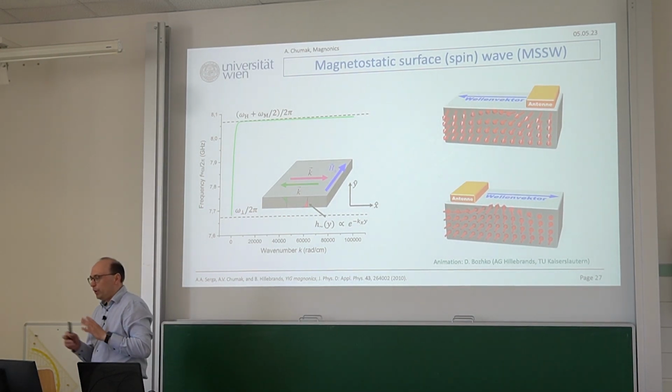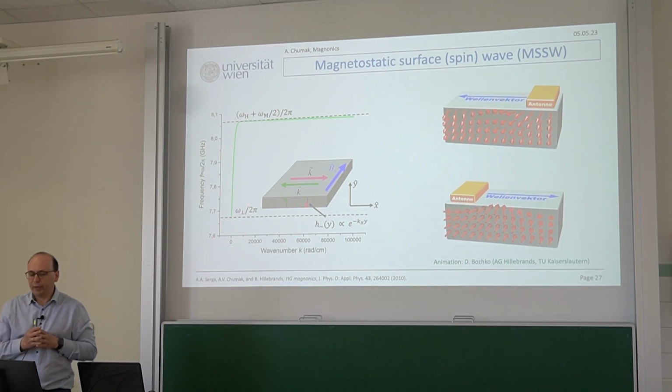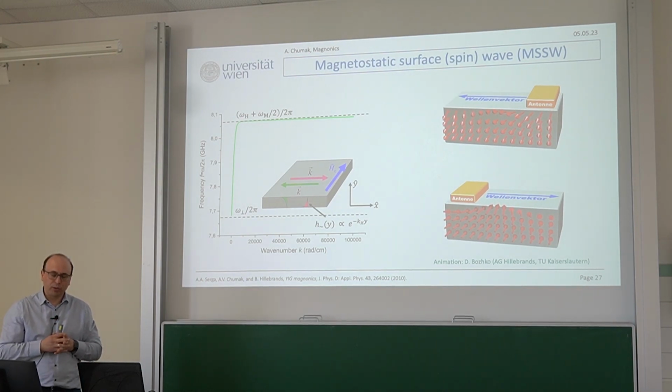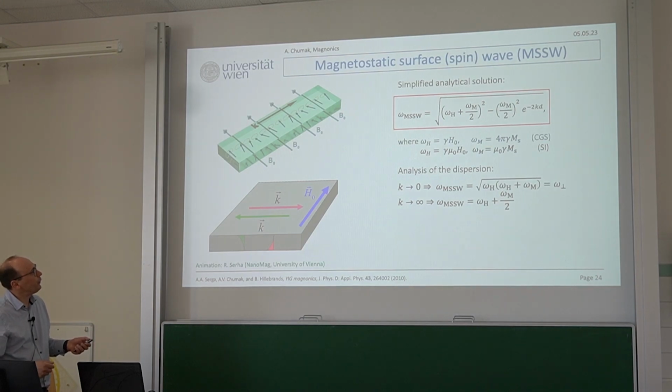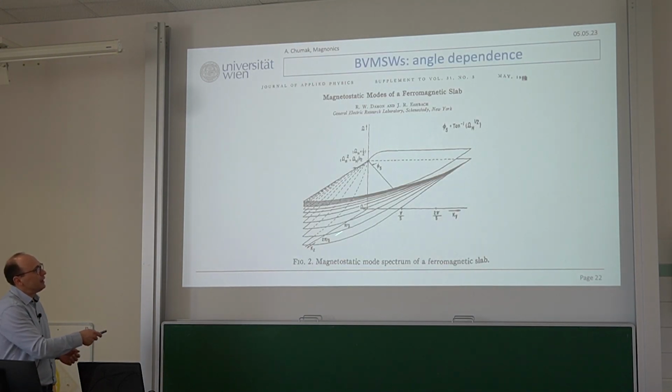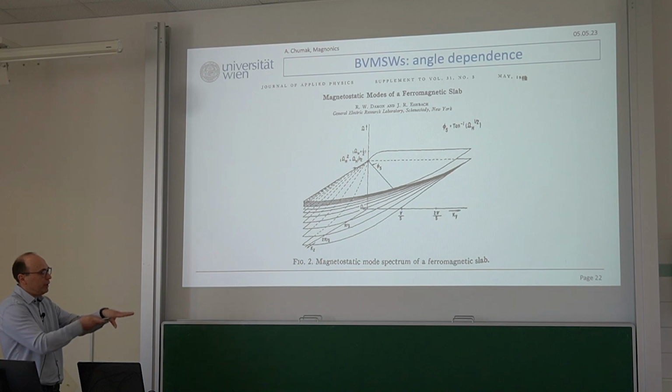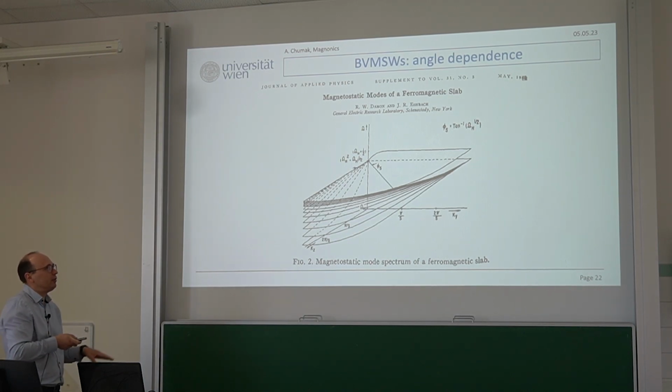Another important point, if we make a comparison between different waves, is anisotropy. We have seen clearly with these curves that the waves for in-plane magnetized films are anisotropic. So a wave propagating in one direction for backward volume is different from a wave propagating in the opposite direction.